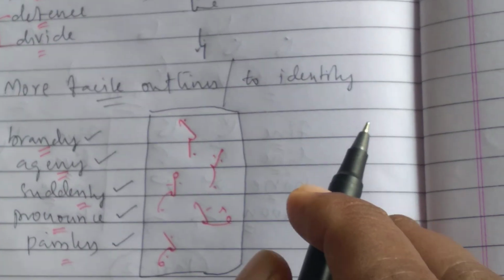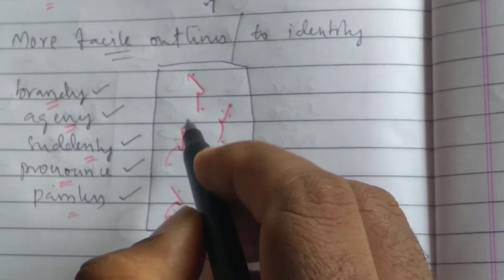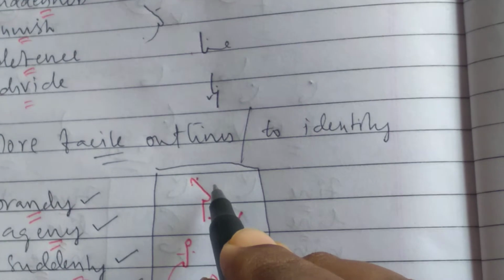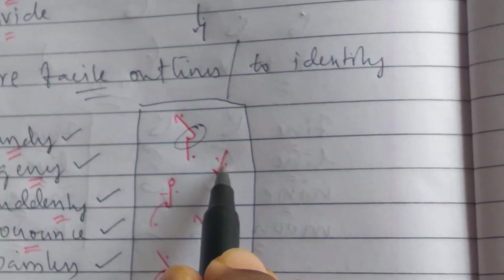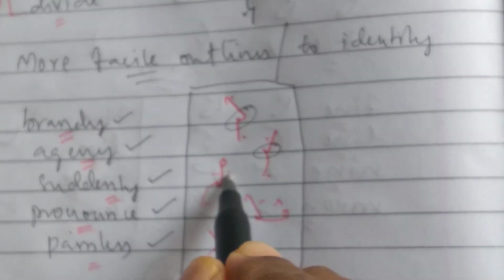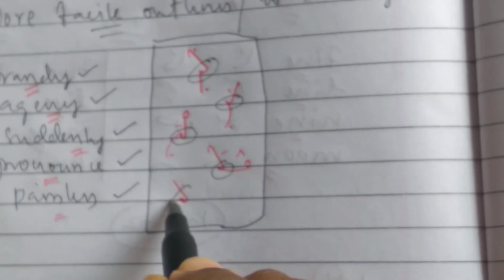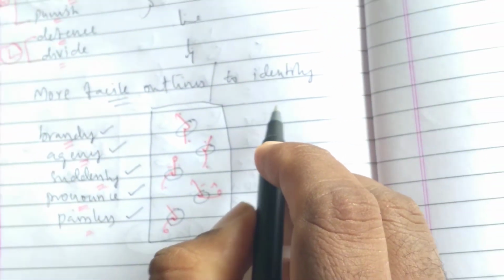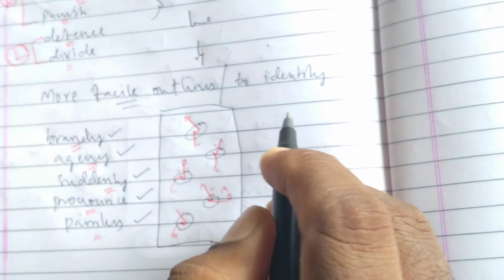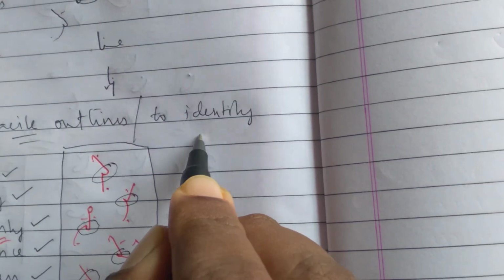Our Pitman sir has told us that for brandy you don't use the N hook here; for agency, you don't write the N hook; for suddenly, pronounce, painless, you don't write like this. For clarity and distinction, for more facile outlines, Pitman sir suggested that we write full strokes.